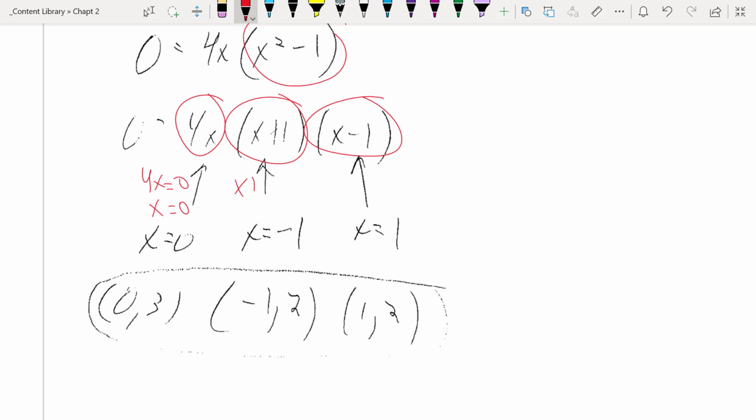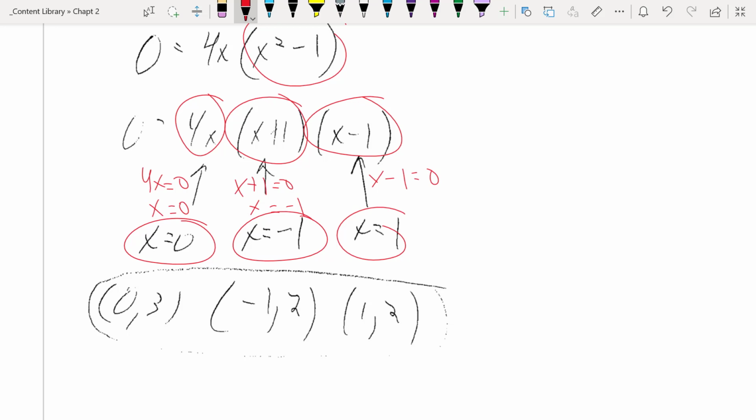When I take the x plus 1 and set it equal to 0, I add negative 1 to both sides, so I get x equals negative 1. And when I take x minus 1 and set it equal to 0, I get x equals 1. So those are my x values: 0, negative 1, and positive 1.